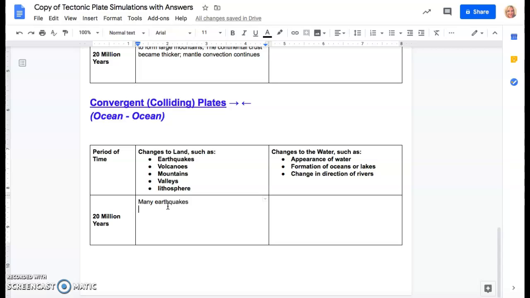I am going to say that there was a subduction zone where one plate is melting and going under while the other one is crumpling.